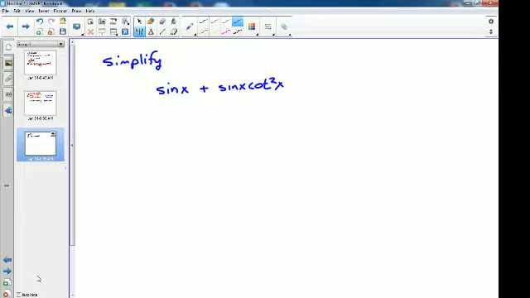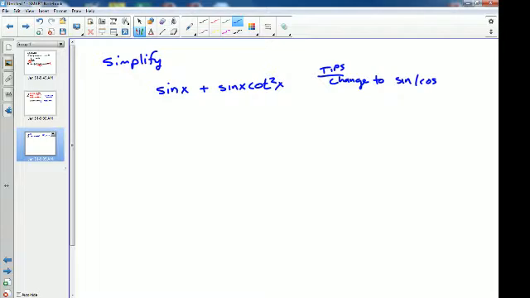Okay, so I will give you some tips here. The best thing that you can do to simplify these expressions is change it into sine and cosine. So, tips: change to sine and cosine. Can I change that to sine and cosine?